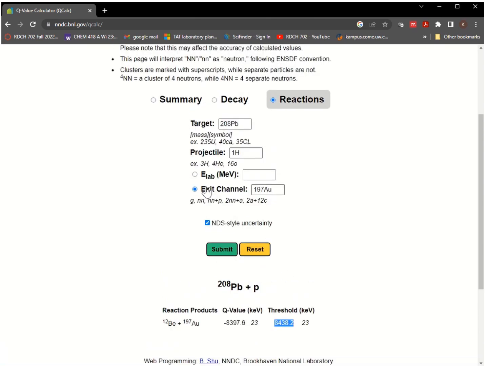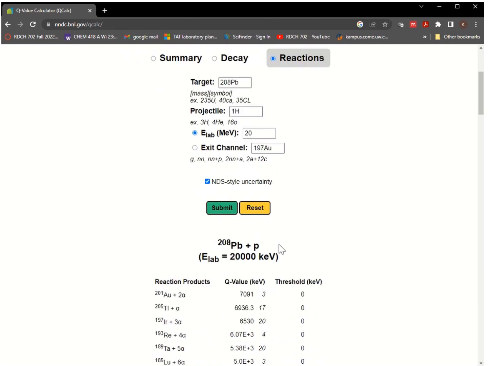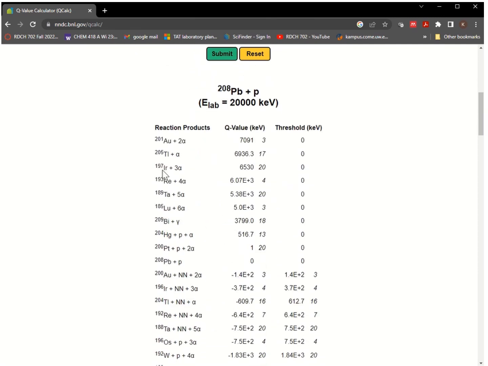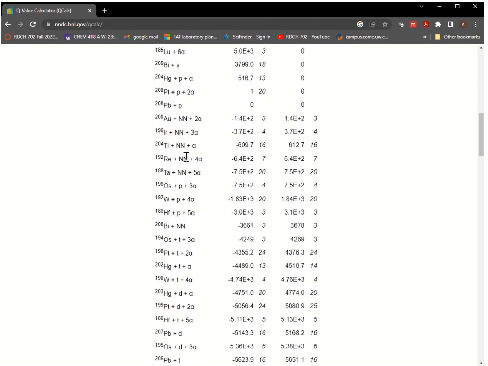Now let's say I did this reaction at a certain energy. What I also want to show is that when you discuss a nuclear reaction, often many different types of reactions occur. So we'll use lead-208 as a target, our proton as a projectile, and 20 MeV as the proton energy on target. And these are all the different types of reactions that can occur. As you see, there are many types.